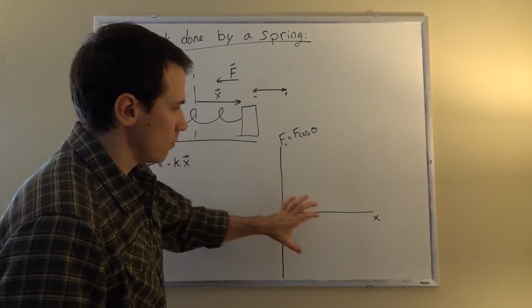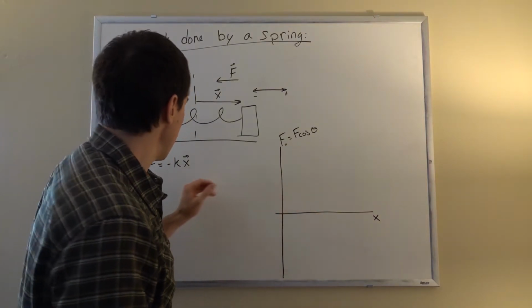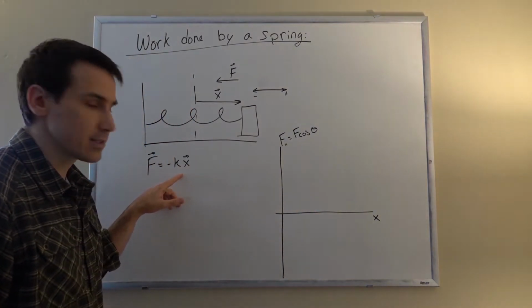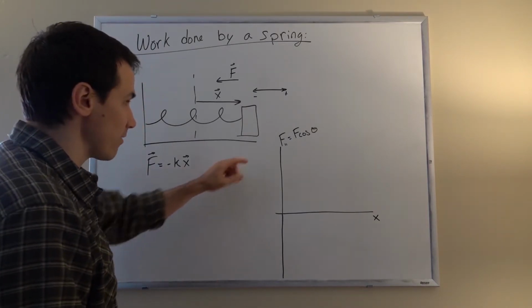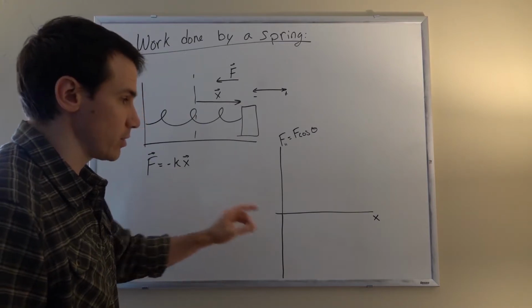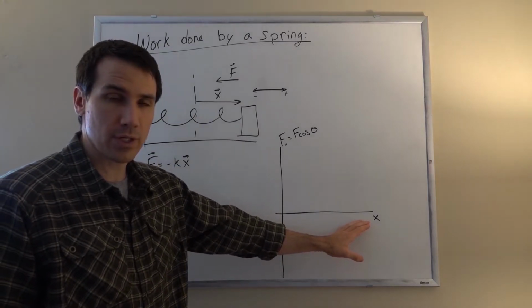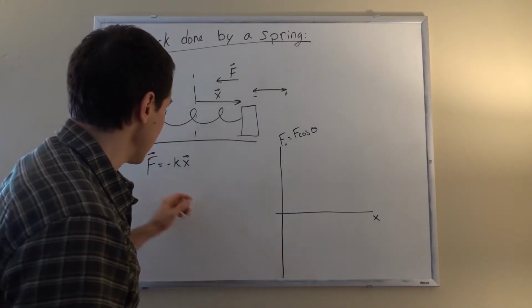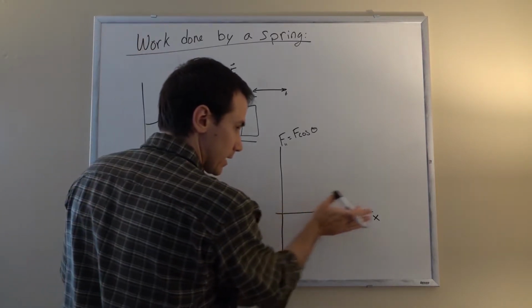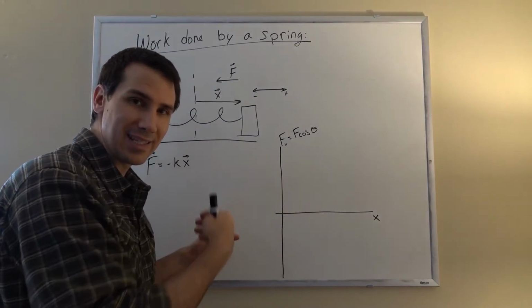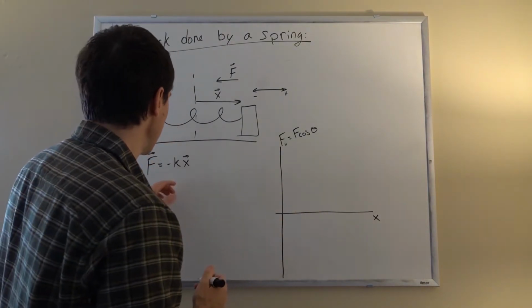And then what I'm going to do is graph negative kx. So this looks like a linear function. That is, my force looks like a linear equation for x. So I should get a line. That line should have a negative slope, right? So moving in the positive direction should give me a negative force, right?